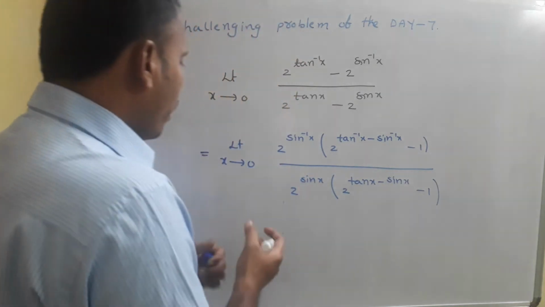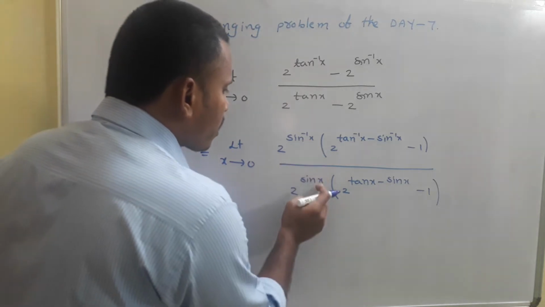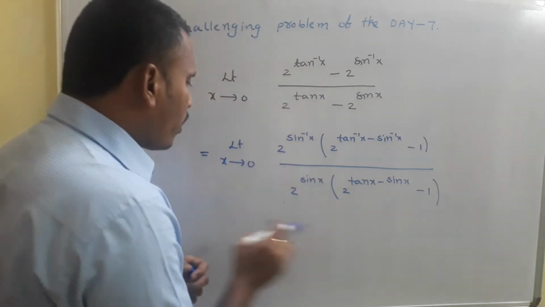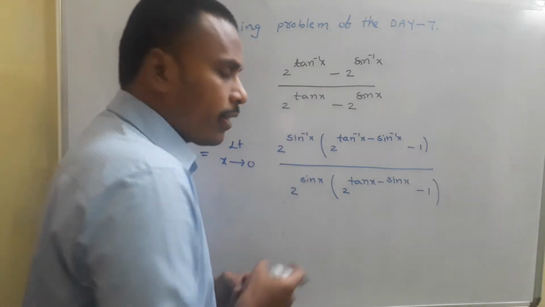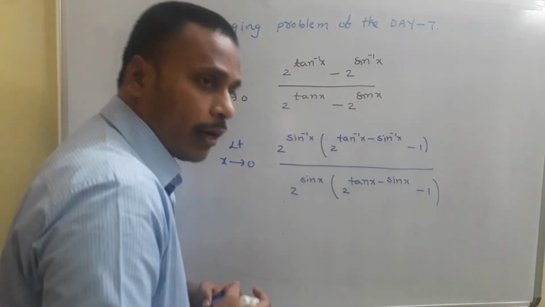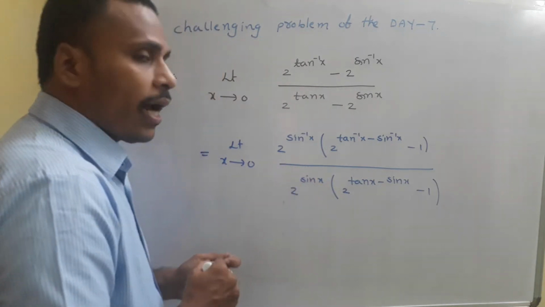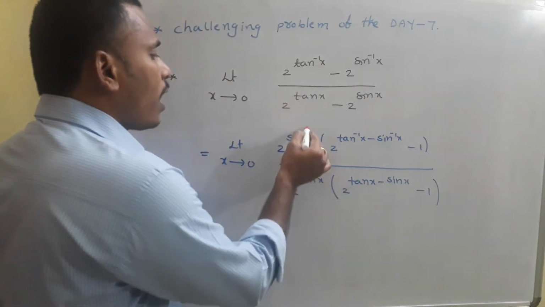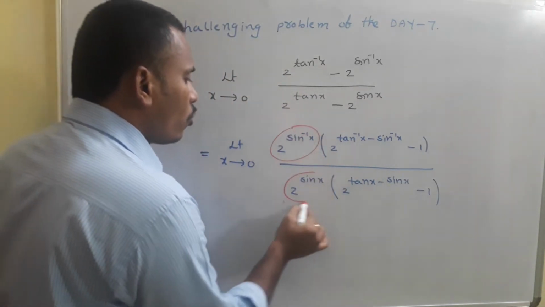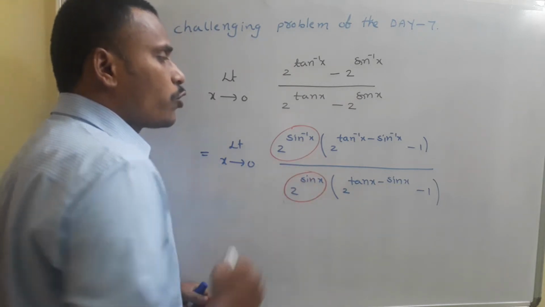Now, as x is tending to 0, when you replace x with 0, sin⁻¹0 is 0 and 2^0 is 1. Sin 0 is 0 and 2^0 is again 1. So these two terms lead to 1, and we can neglect them.